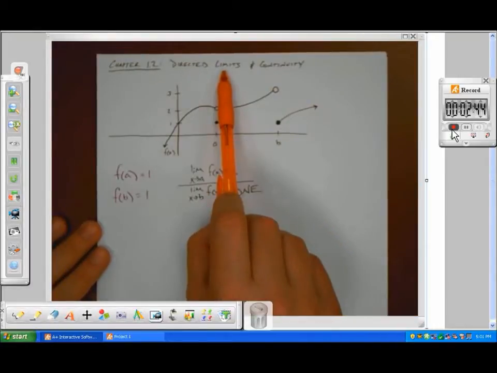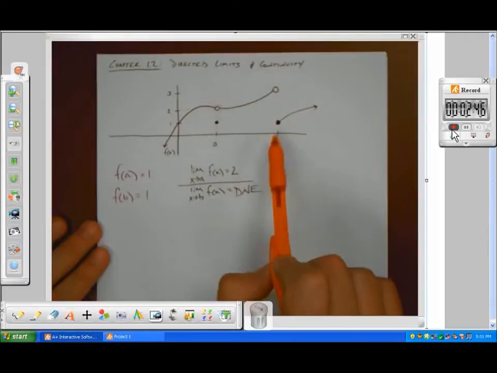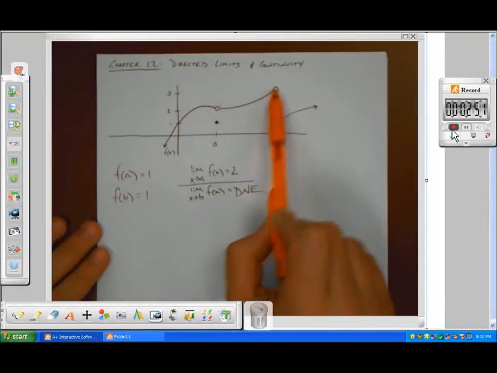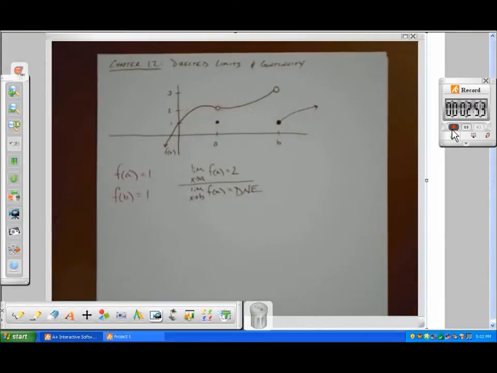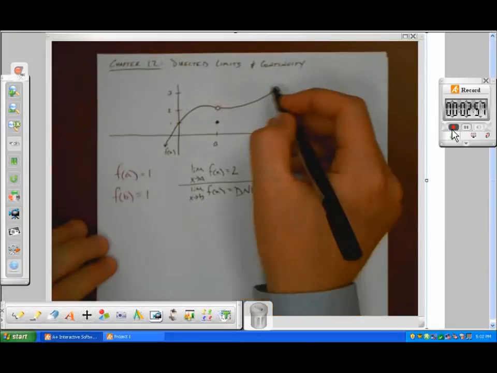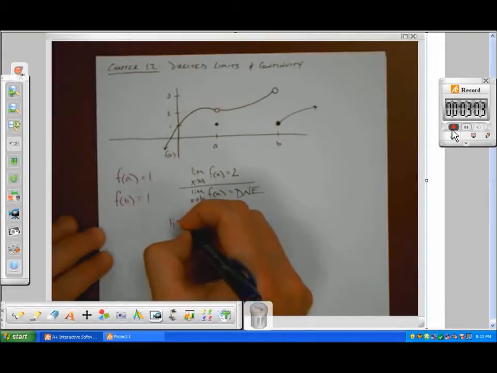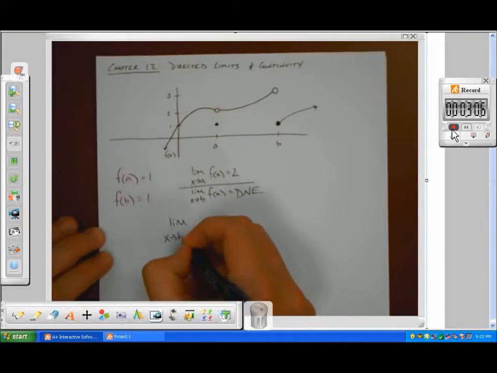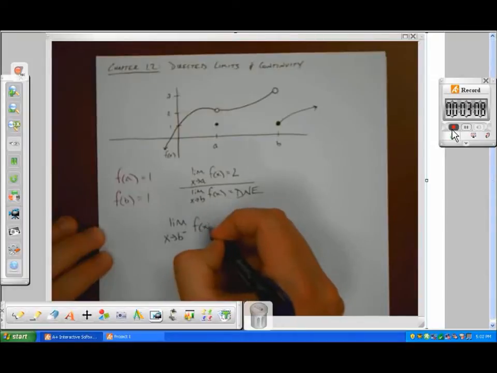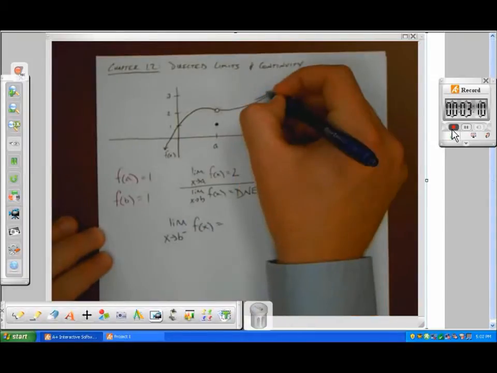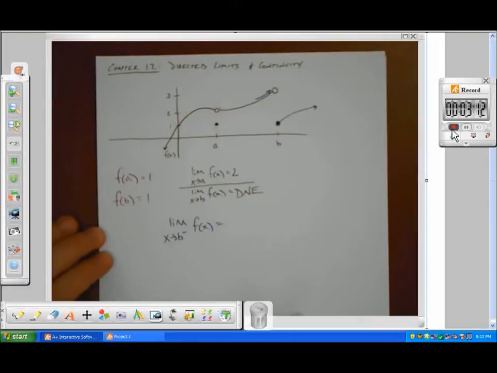It's possible to describe the behavior, but I'm going to have to break it up and talk about the left side and the right side. Let's see the notation for that. To talk about this left side, we would do the limit as x approaches b from the left. We're coming from the left to x equals b. What's the height?